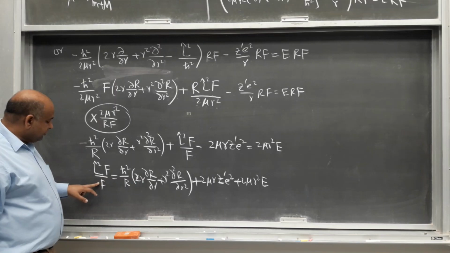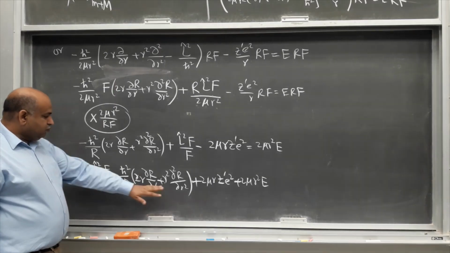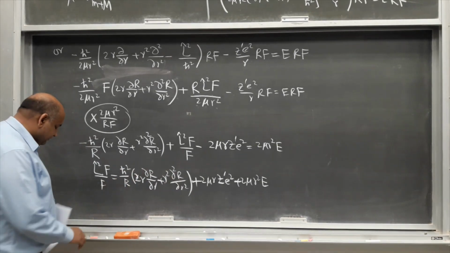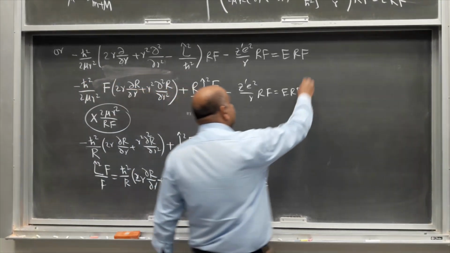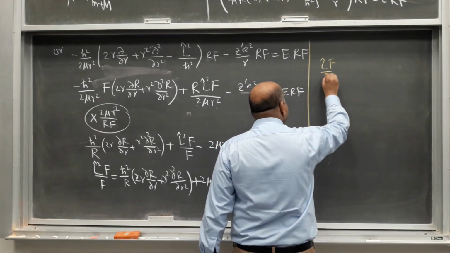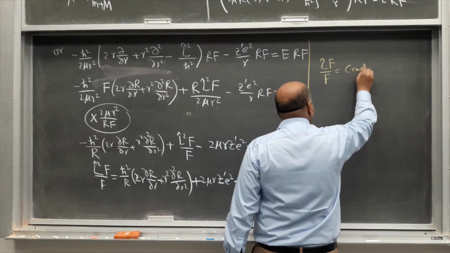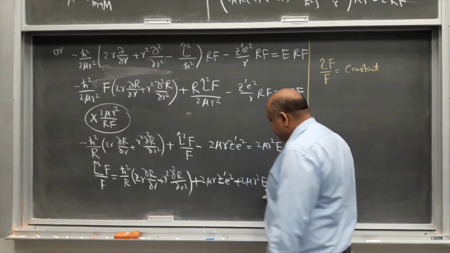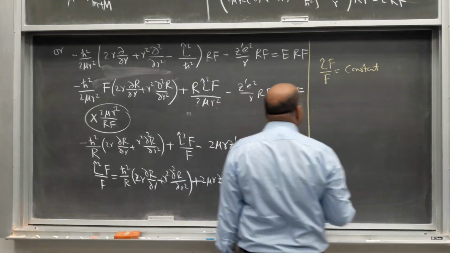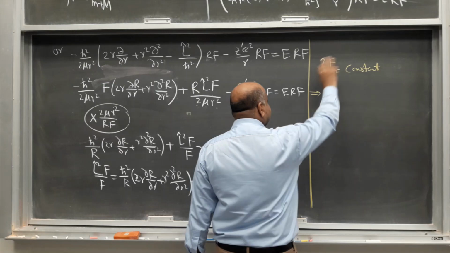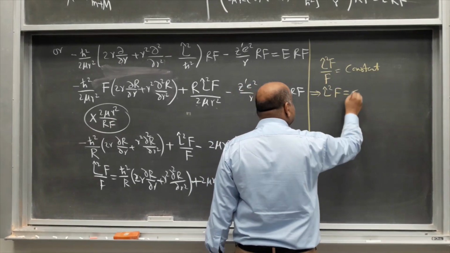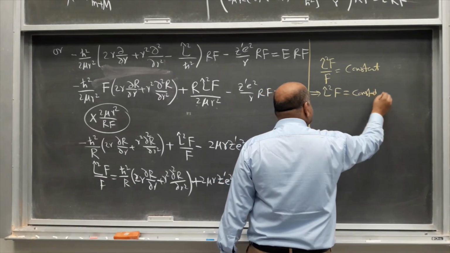Similarly, if this is some function of theta and phi, this cannot be equal to this because there is no theta phi on the right side. So the only possibility is that this L square f over f is some constant, and whatever that constant is, this is also equal to the same constant. But if I rearrange this, I get L square f is equal to constant times f.